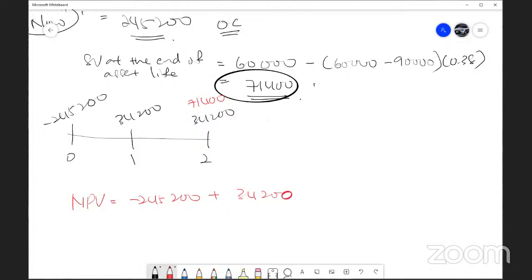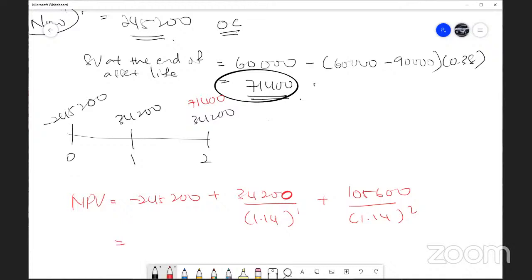34,200 divided by 1.14 to the power of 1, plus 71 plus 34 is how much? 105,600. 105,600 divided by 1.14 to the power of 2.